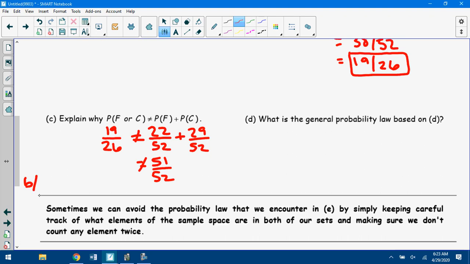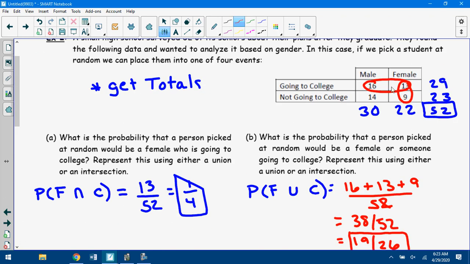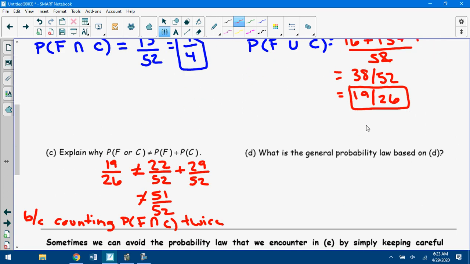So the reason is because we're counting the probability of F and C twice. Because if I just take the totals, that 13 is in both of those totals. It's part of the 29 and it's part of the 22.